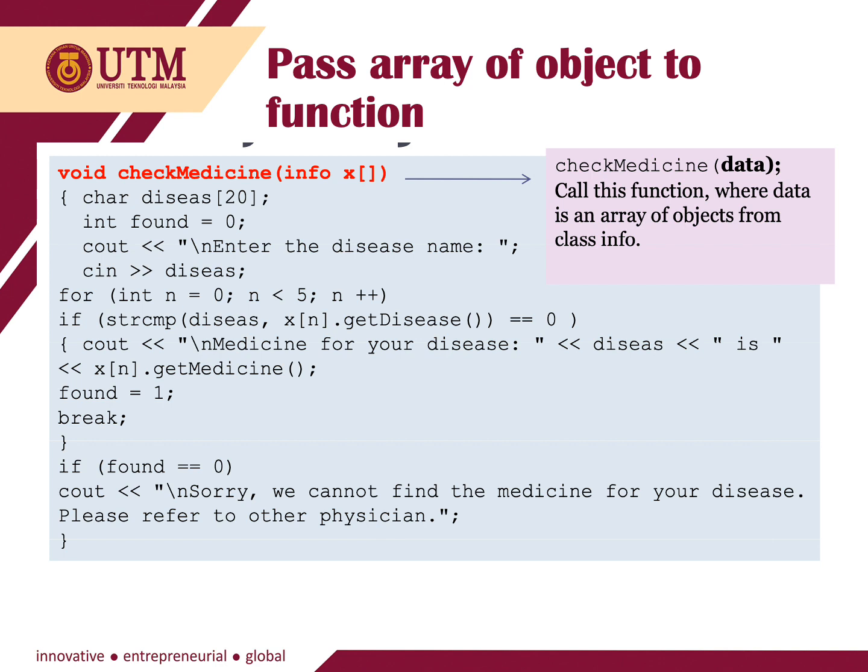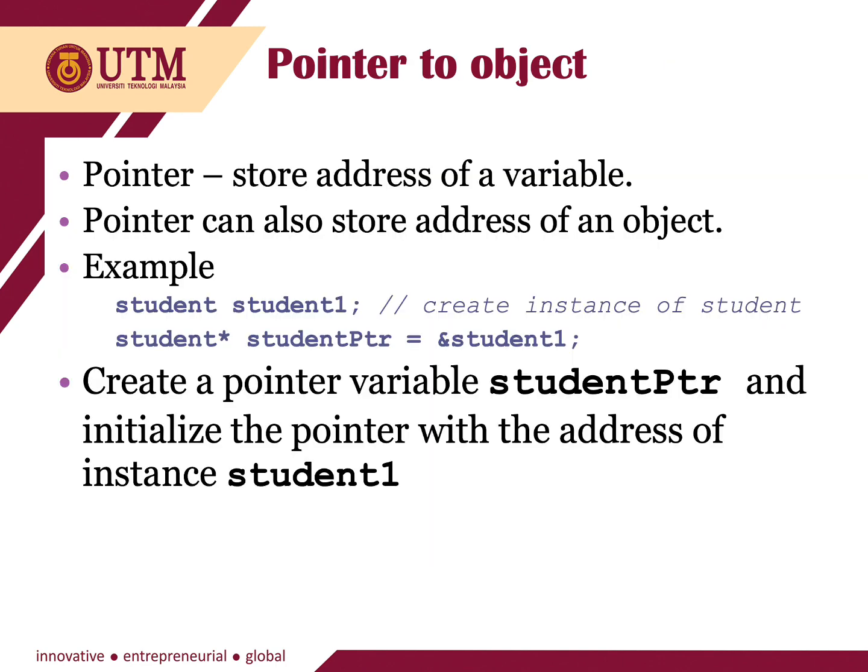The program will prompt, sorry, we cannot find the medicine for your disease, please refer to other physicians. So let's say this is a klinik kesihatan, which only caters to small diseases, fever, flu, and so on, for example.